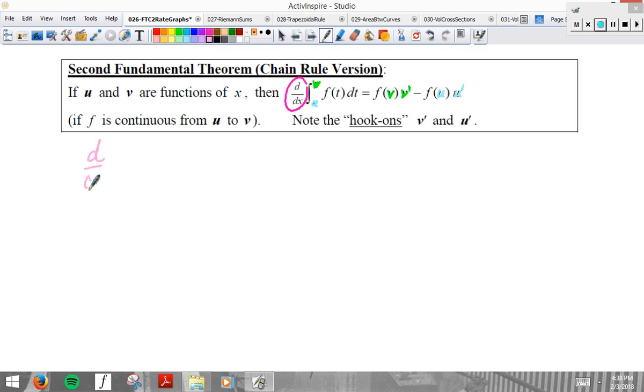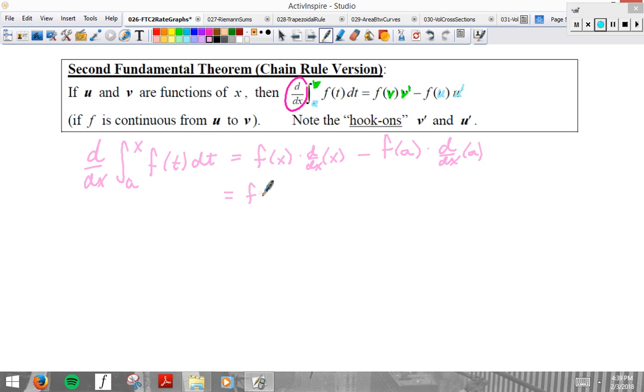So if we're talking about the derivative of the integral from a to x of f of t, using this theorem, I would just have f of x times the derivative of x minus f of a times the derivative of a.